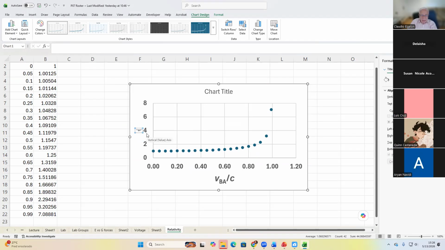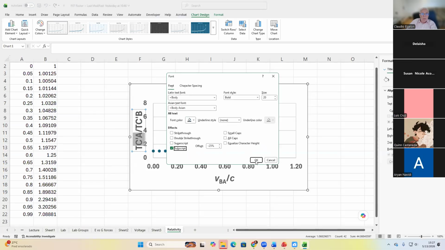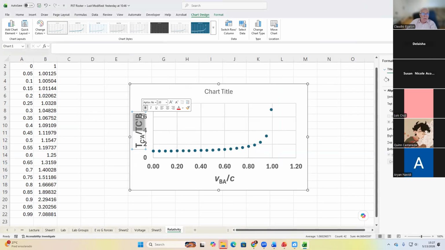That's going to be TC prime A over TC prime B. I'm going to make it size 20, boldface, and then we have to come up with the subscripts, subscript here and subscript here.